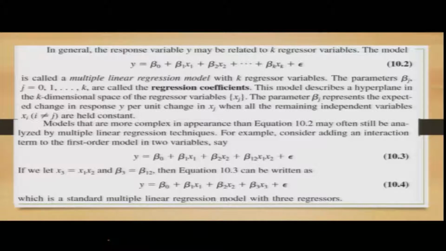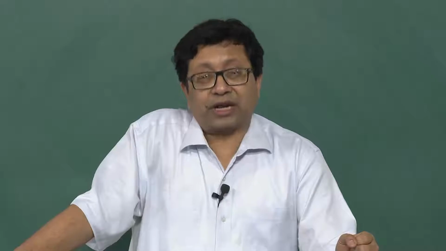More models are more complex and can be built up in appearance. Say, for example, we can consider the model as y is equal to beta naught plus beta 1 x1 plus beta 2 x2 plus beta 12 x1 x2, plus another term that can be beta 21 x2 x1.